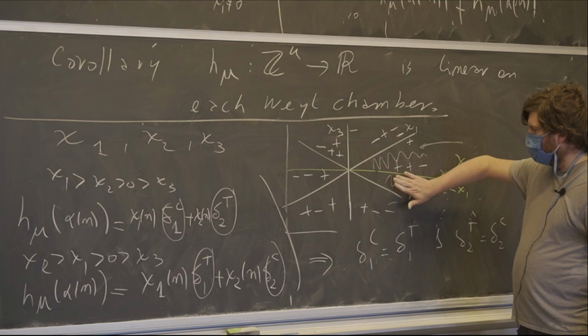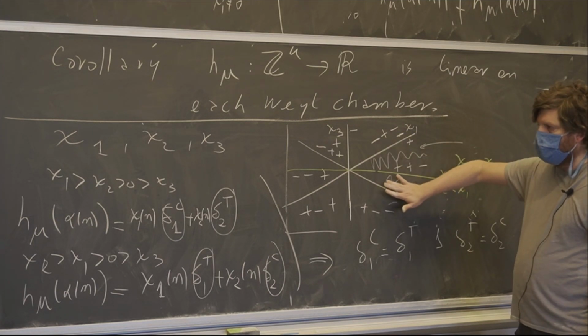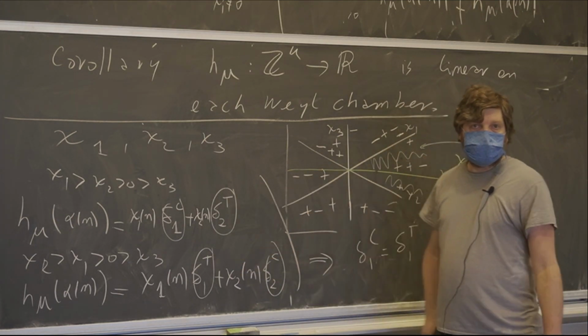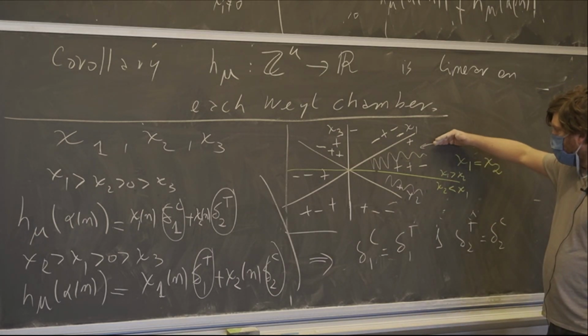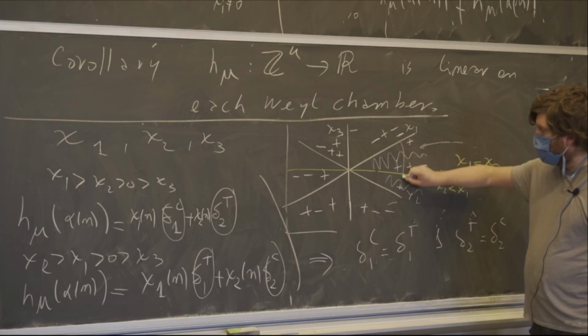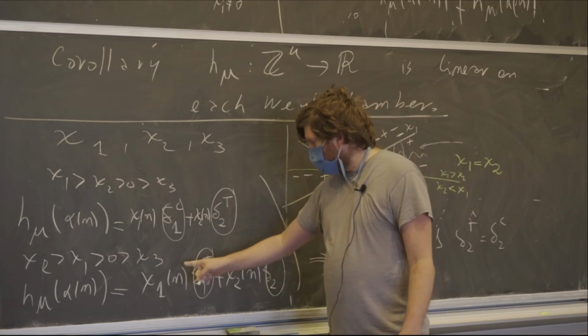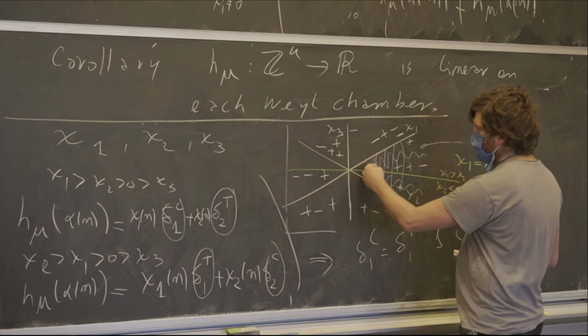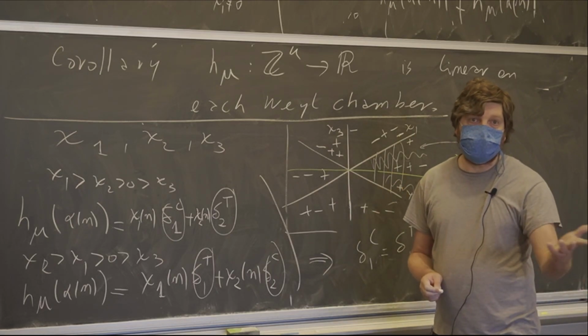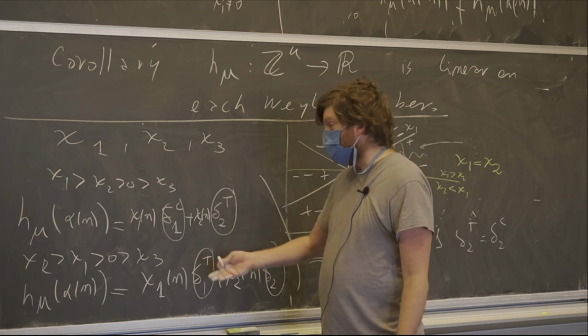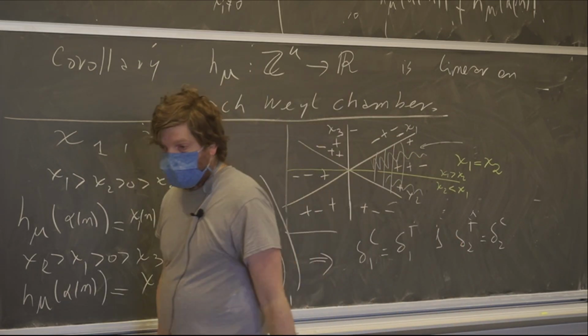If you have two linear maps, here you have one linear map, a second linear map, and if they agree on a cone, actually they only need to agree on an open set or two linearly independent vectors, because you're in dimension 2 here, then the coefficients have to fully agree. So that's it.